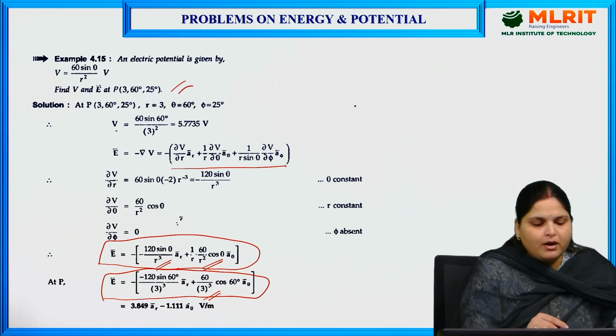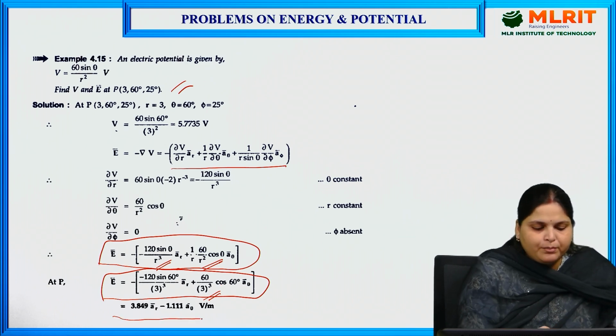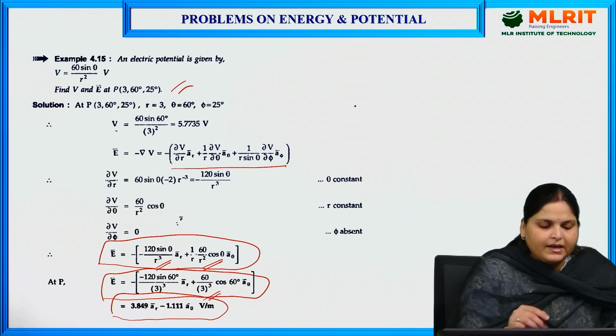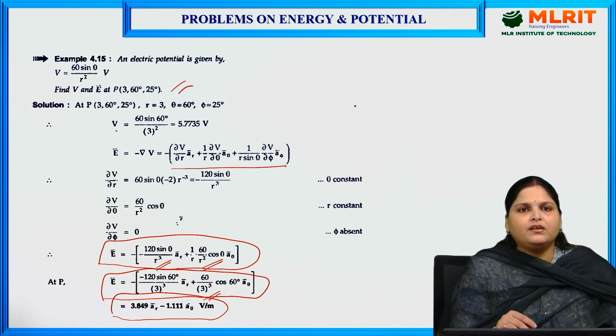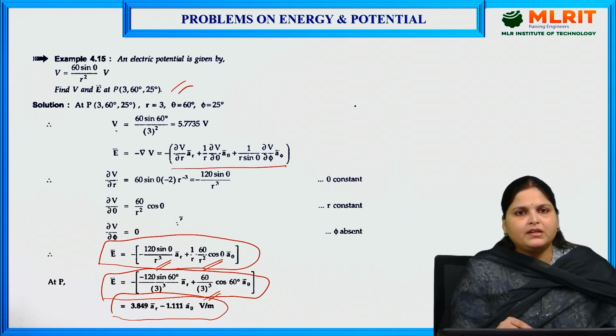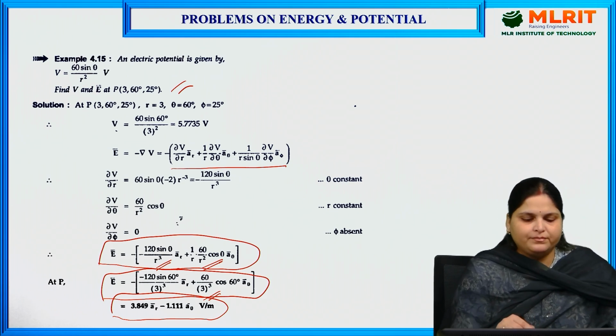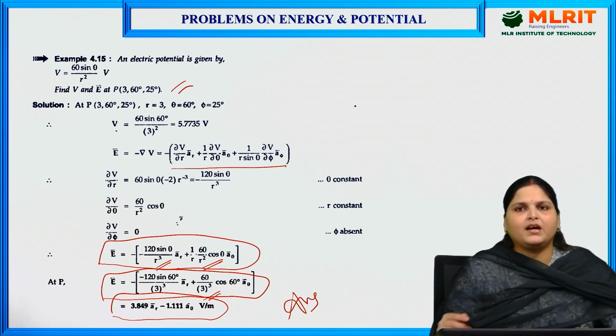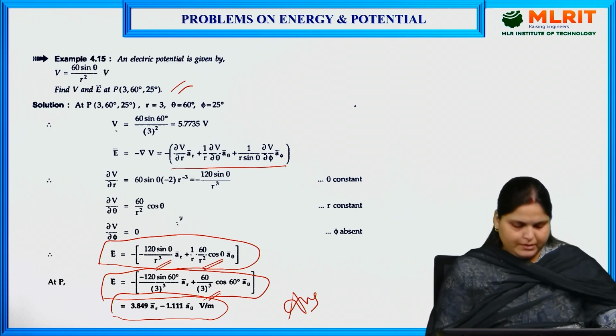When we solve it, we get 3.849 AR minus 1.111 A theta volt per meter. This is the answer, right?